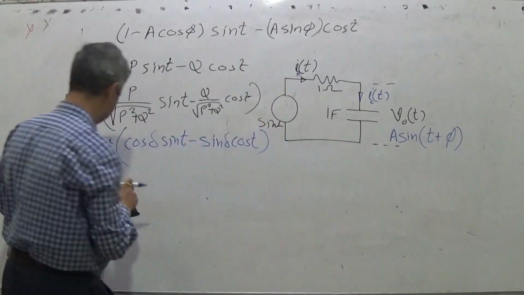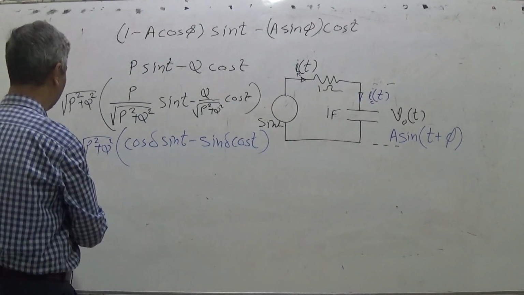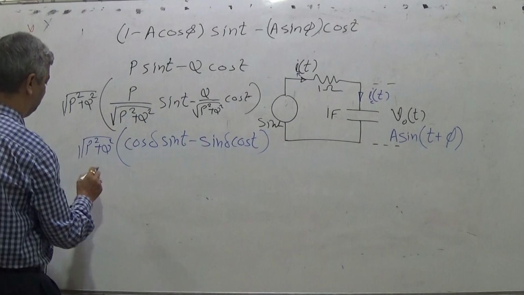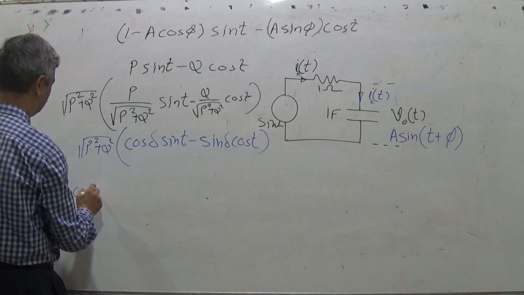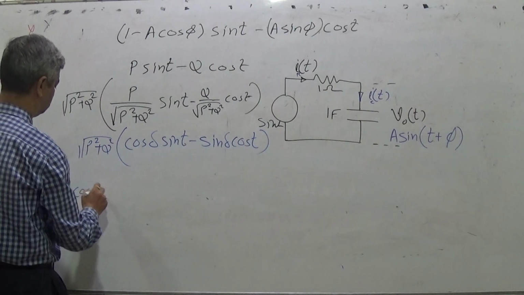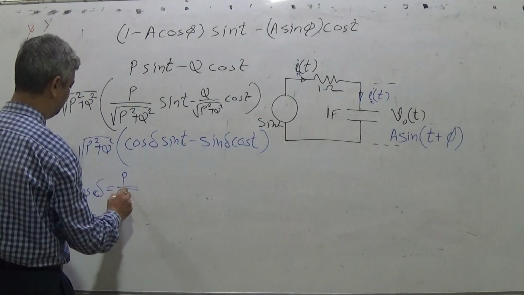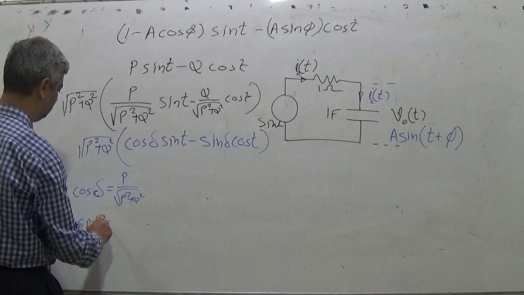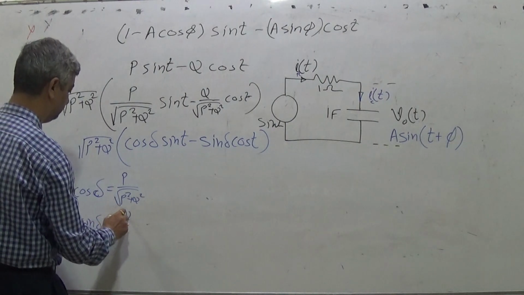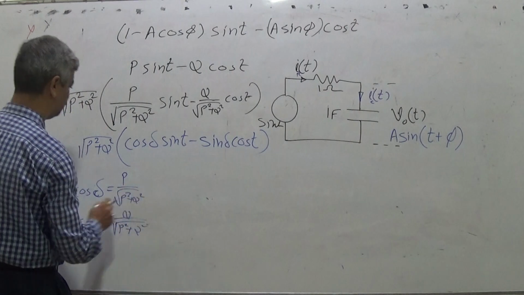In such case, what is delta? Cos delta is p upon under root p square plus q square. Sin delta is q upon under root p square plus q square.